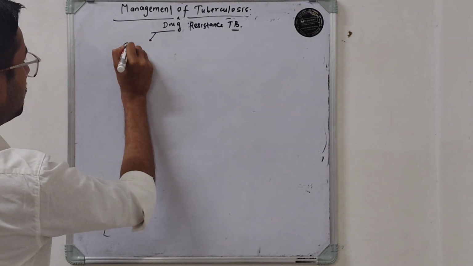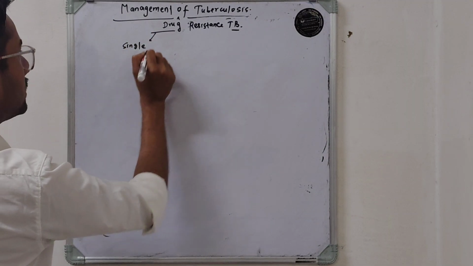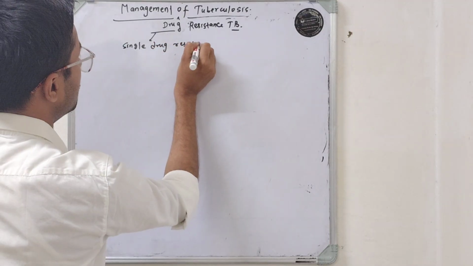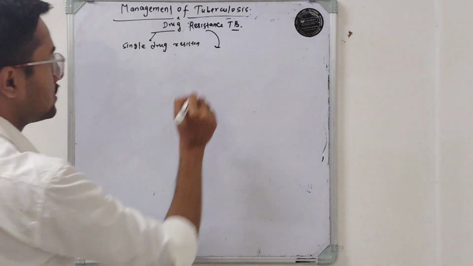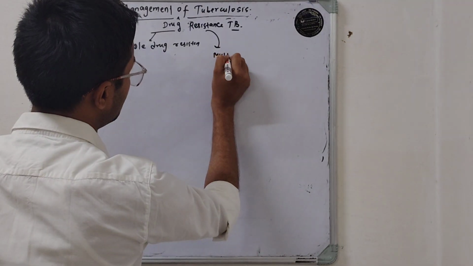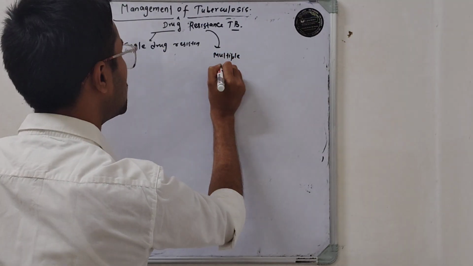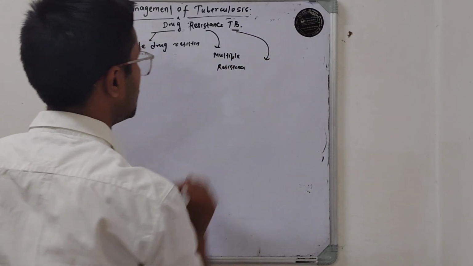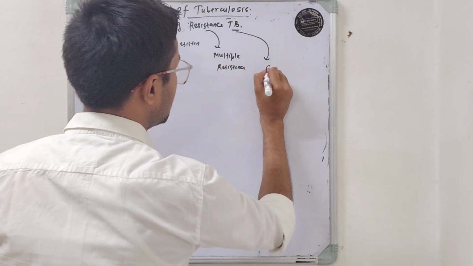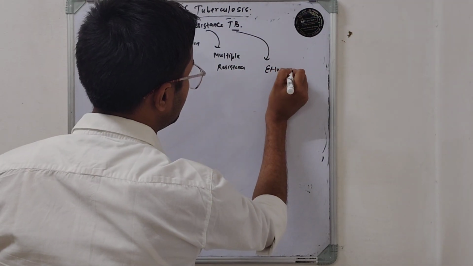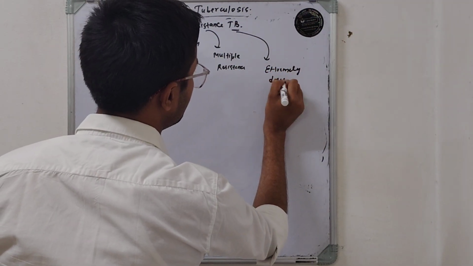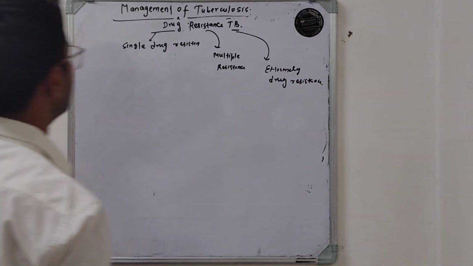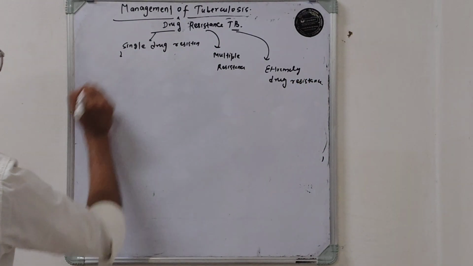One is single drug resistance, the second is multiple drug resistance, and the third is extremely drug resistance. First, what is the meaning of single drug resistance?